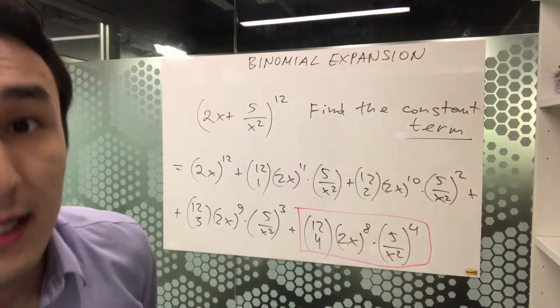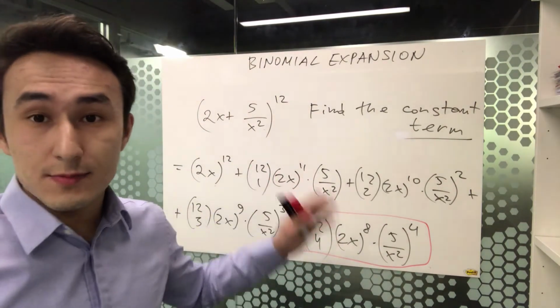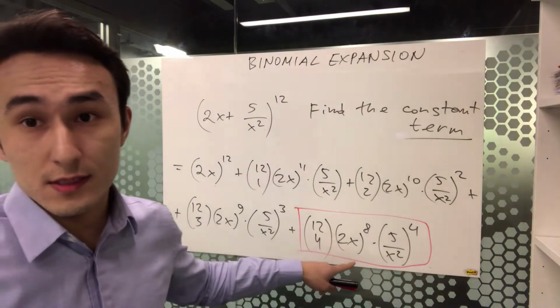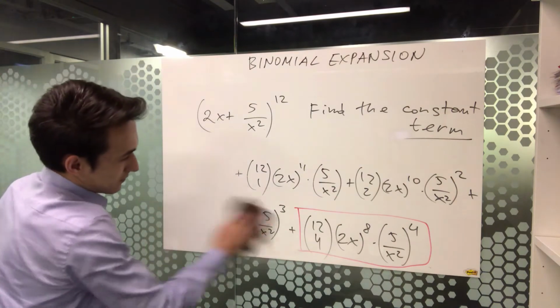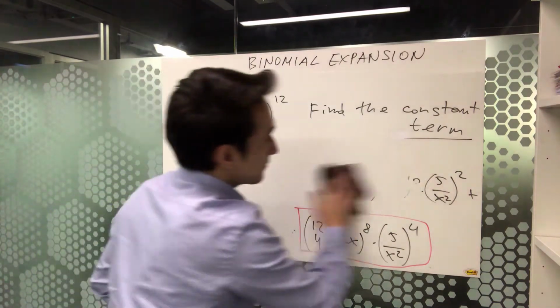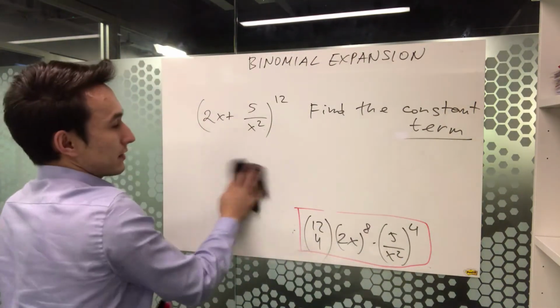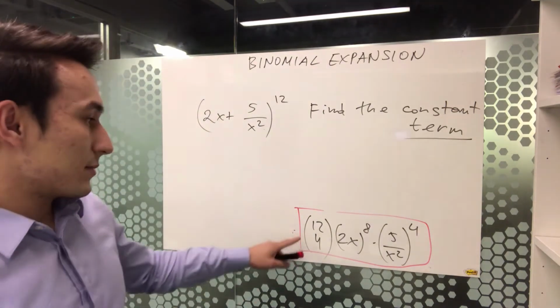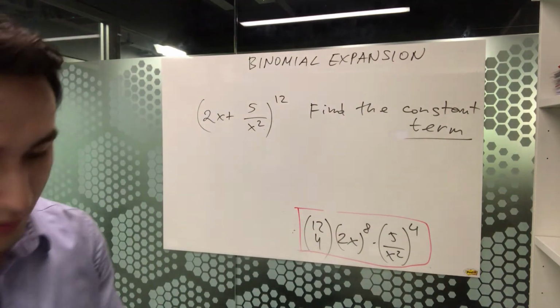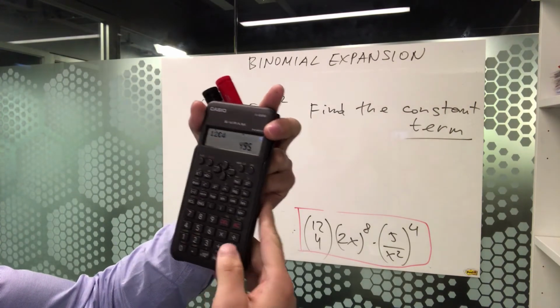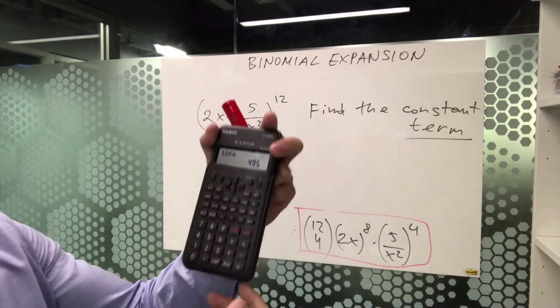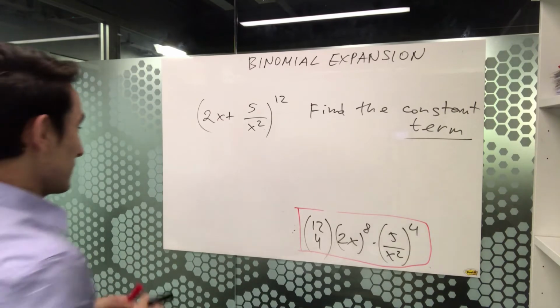Now what I'm going to do is erase everything else because we only need to focus on this term. Everything else is unnecessary. Find the constant term. Okay, simplifying this, 12 choose 4, we just go ahead and use the calculator. 12 choose 4 is 495.